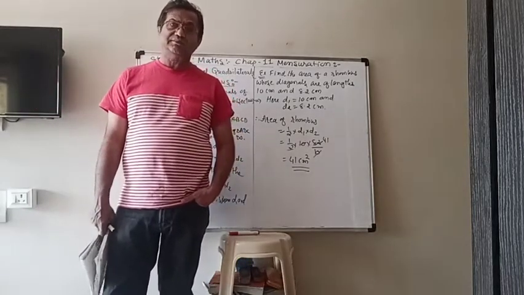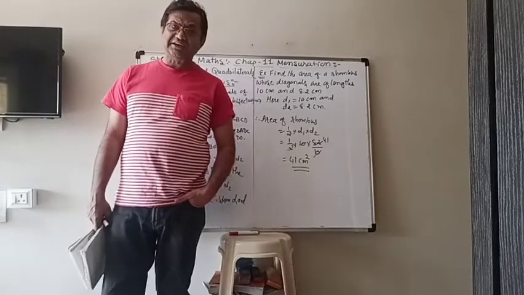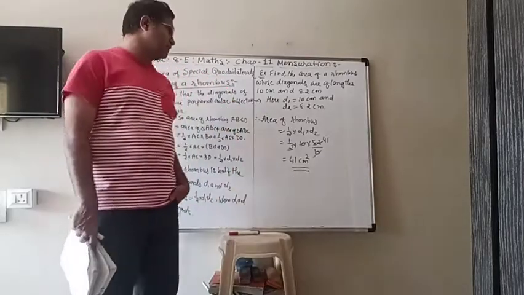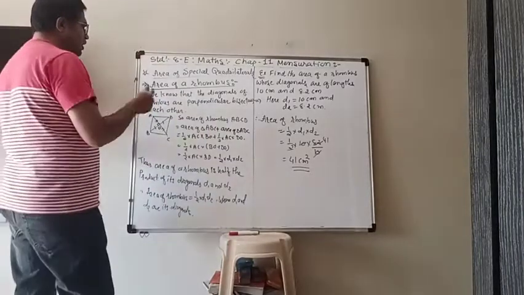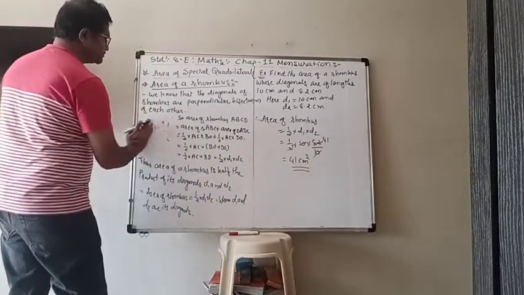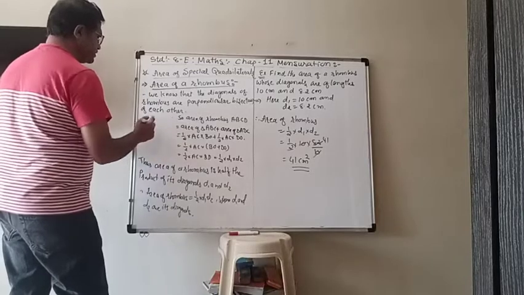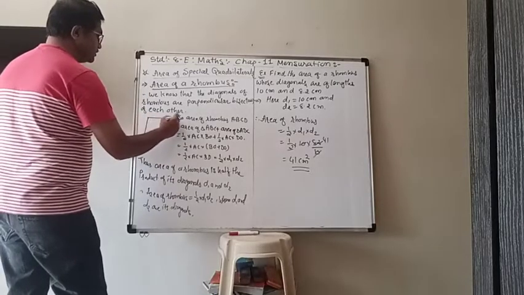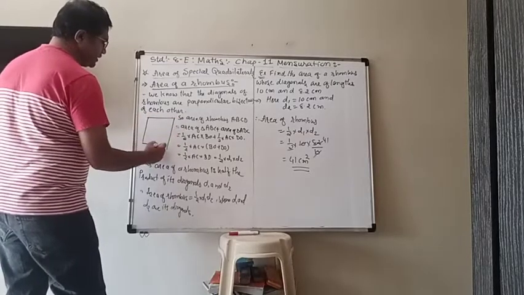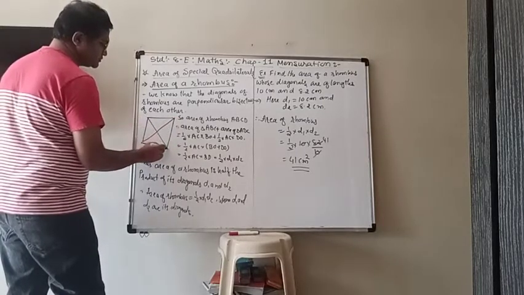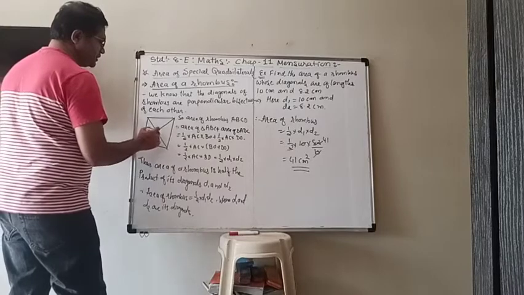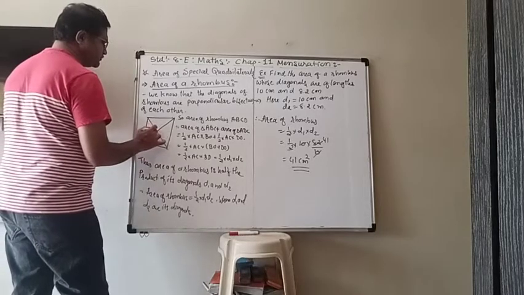It means that they bisect each other at a right angle. So when we draw a rhombus and then draw both the diagonals, they are perpendicular bisectors of each other.